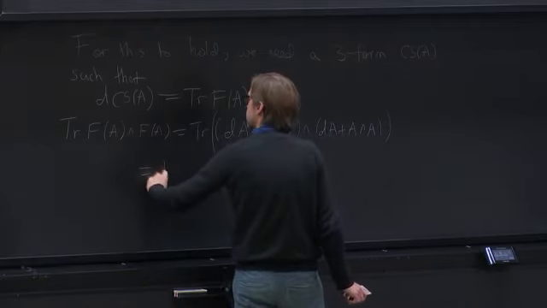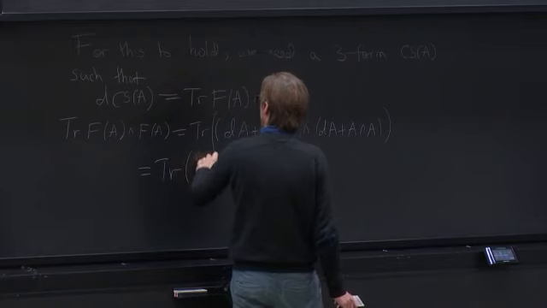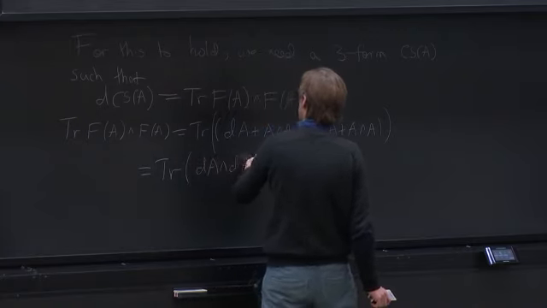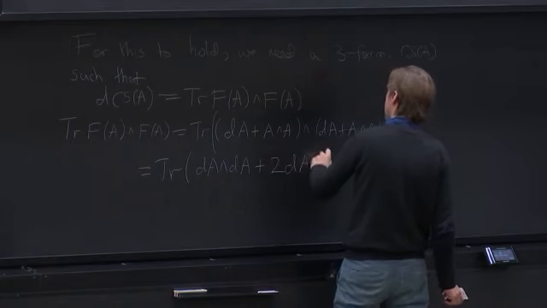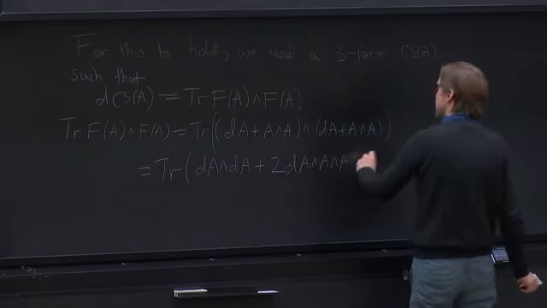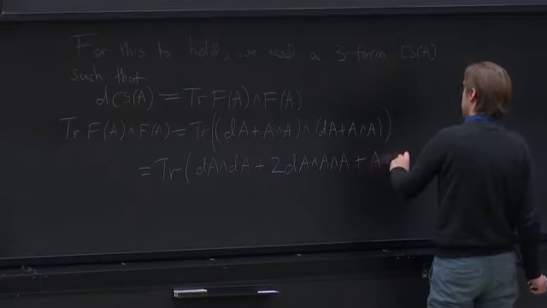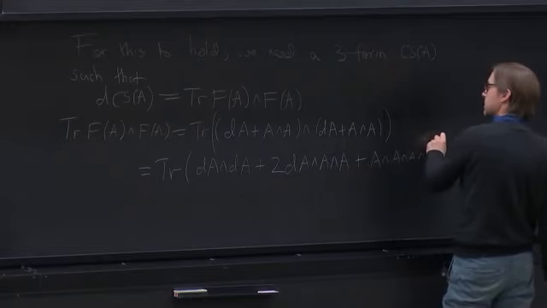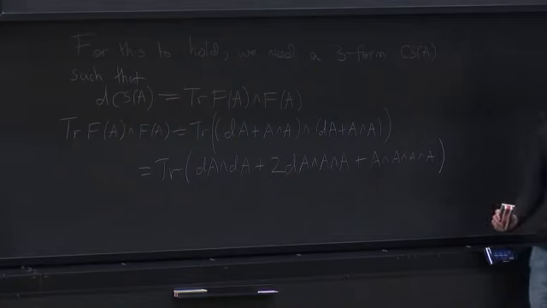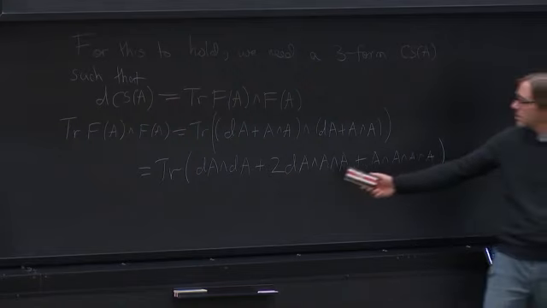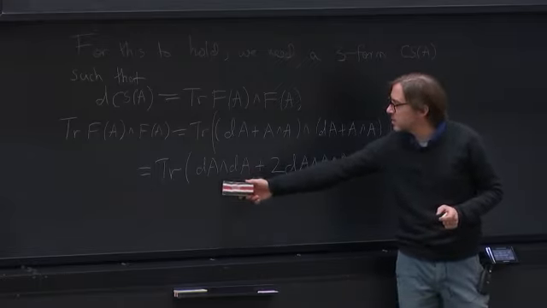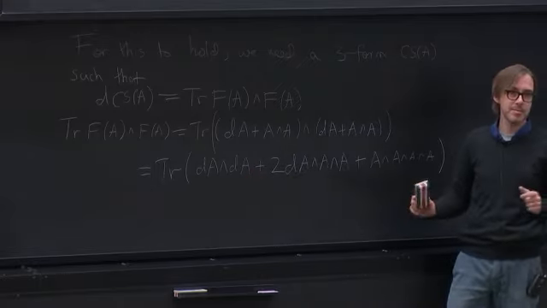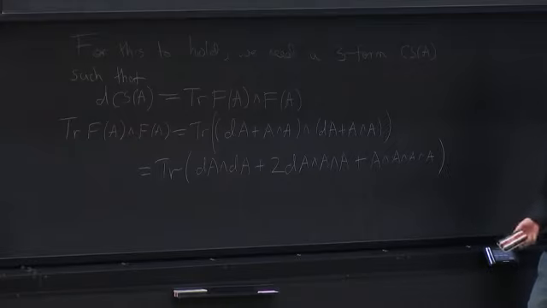So that's trace of dA wedge dA plus 2 dA wedge A wedge A plus A wedge A wedge A wedge A. Now, it's plausible that we can figure out something d of which will give you the first two terms, because they have a d in them. The last term looks kind of problematic, but fortunately it's 0.